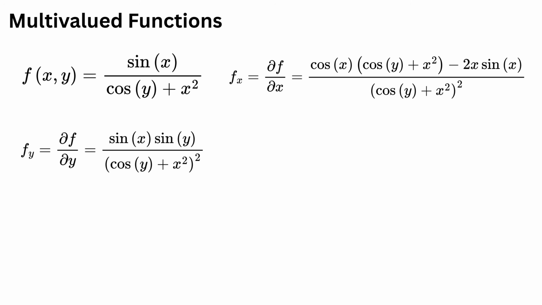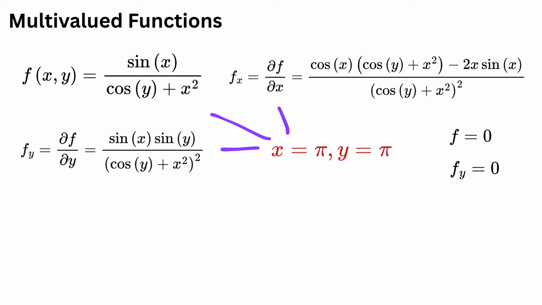Now suppose we want to find the value of this function and both the partial derivatives at x equals pi and y equals pi. Then theoretically, on substituting both of them here, we get f as 0, f prime of y is also 0, and f prime of x is 1 over 1 minus pi squared, which is nearly minus 0.113. Now here comes the magic.